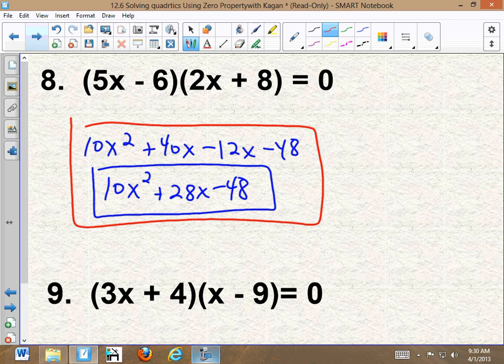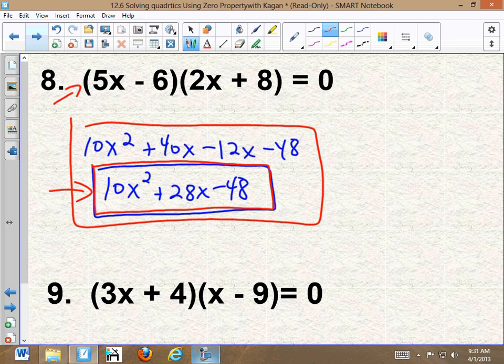What I want you to see is this is where they got this from. They factored 10x squared plus 28x minus 48 and got 5x minus 6 times 2x plus 8. They factored it just like we taught you to.